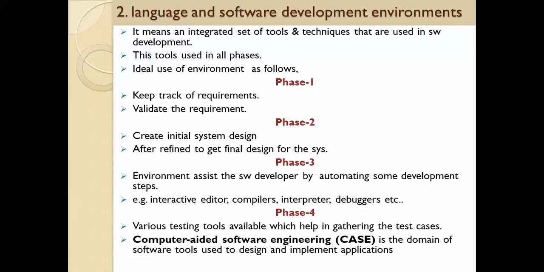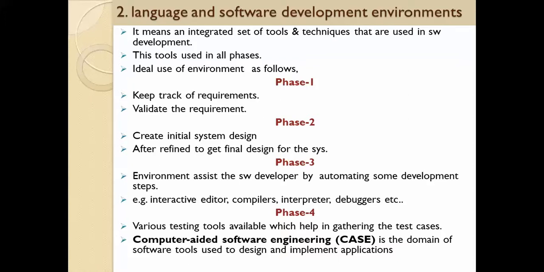Now comes phase 2. What tasks are performed in phase 2? The first is to create the initial system design, and after that to refine it to get the final design for the system.